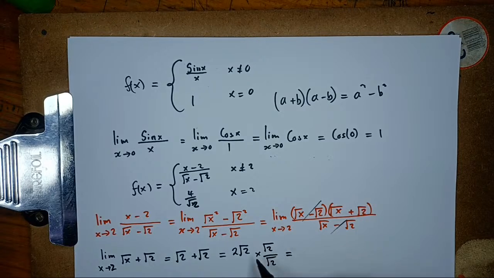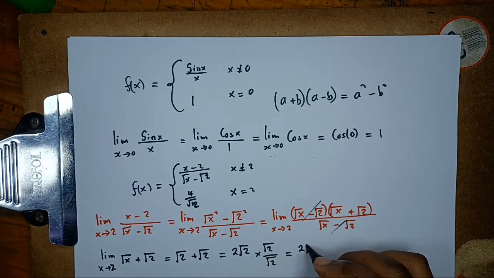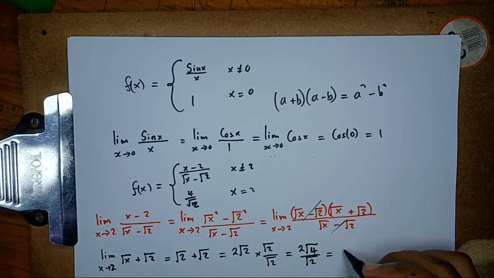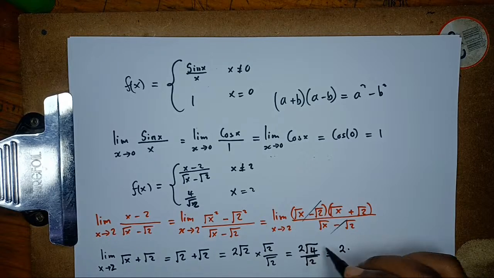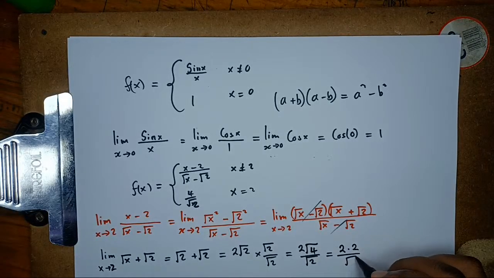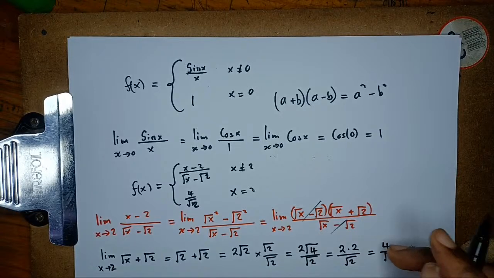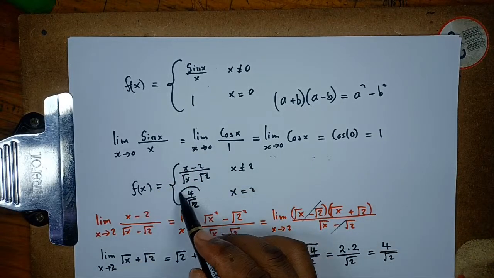What do we get? 2 root 2 times root 2 will give us 2 times the root of 4, divided by root 2. So this will give us 2 times 2 over root 2. This will result in 4 over root 2, which is just the same as what we have here.